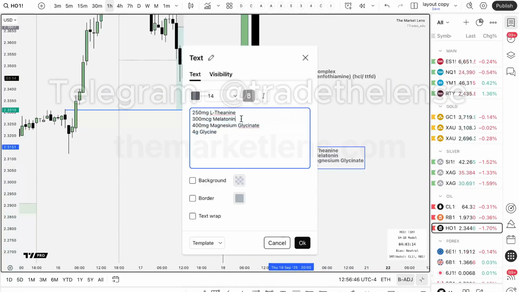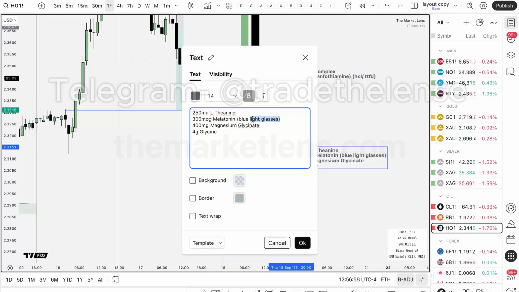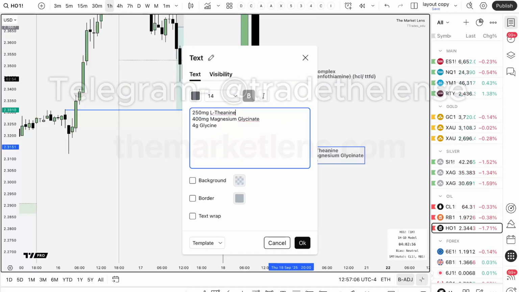If you get blue light glasses and get off technology, or at least wear those at night, you're going to stop suppressing your melatonin production, and then you won't actually need that. So you could get rid of that. 250 milligrams of L-theanine, that's good. You're getting magnesium glycinate, that's good.